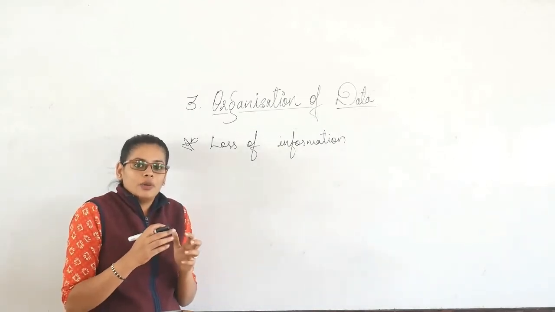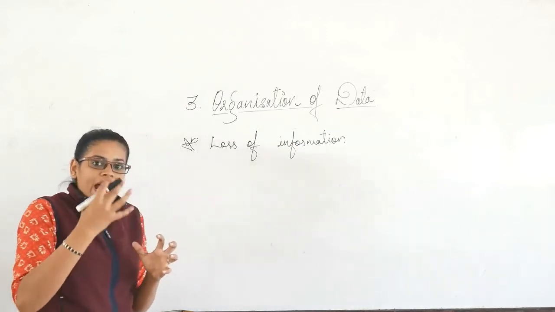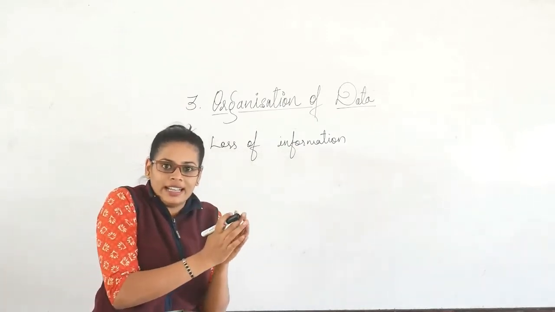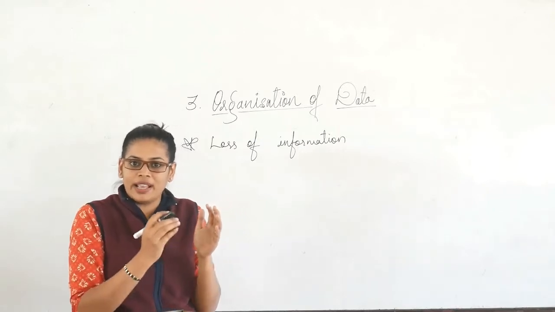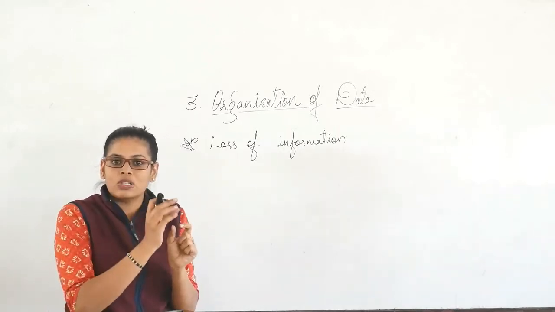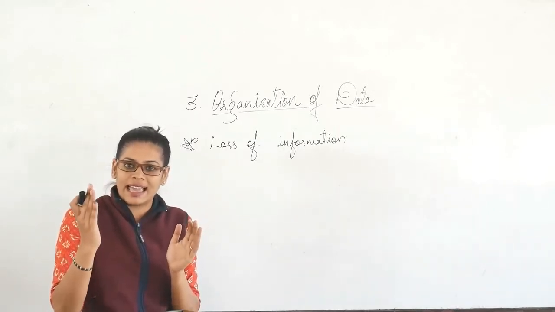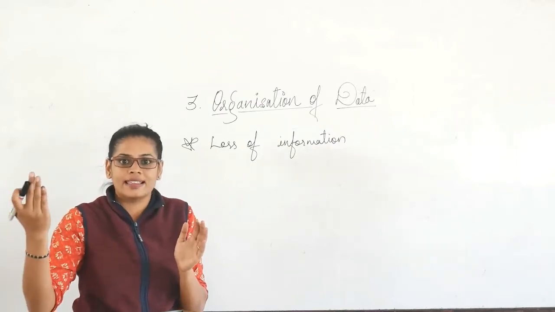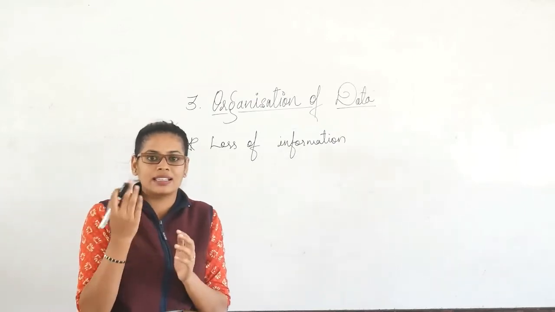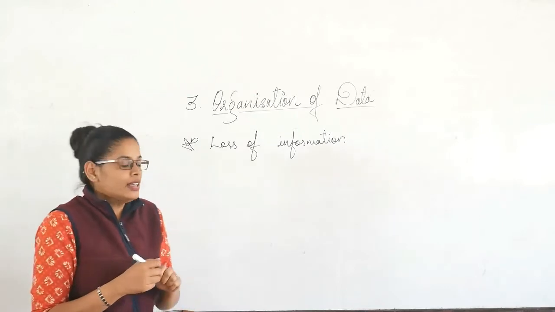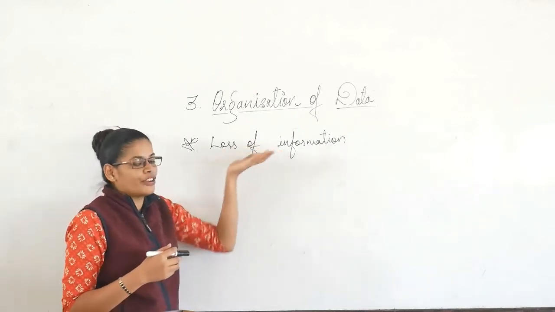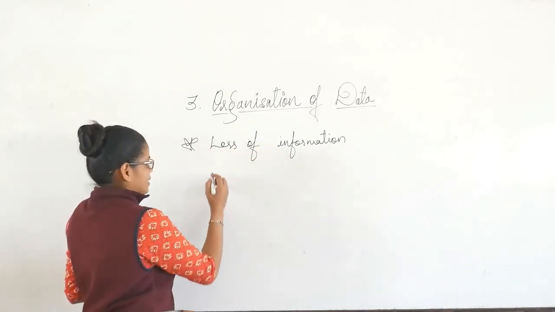Now, when we have collated all the data, under this table you can see there is a frequency, an observation, a tally mark, and also a class mark. Class mark is nothing but the midpoint. So now how can this loss of information happen? Let's understand this.